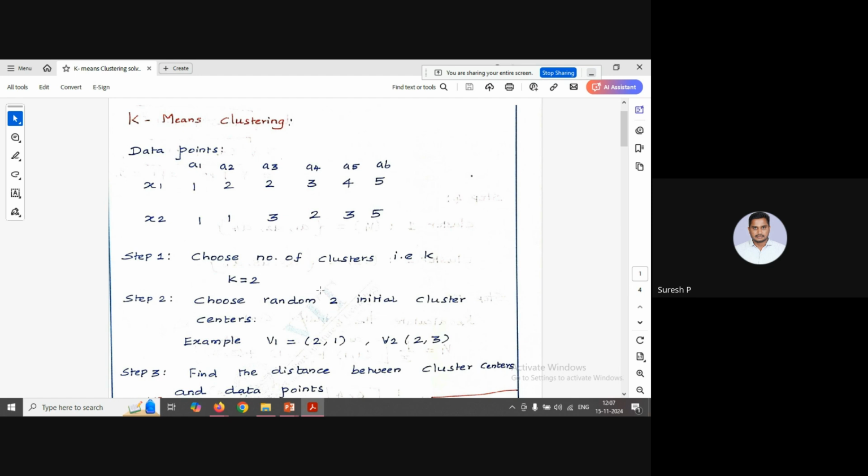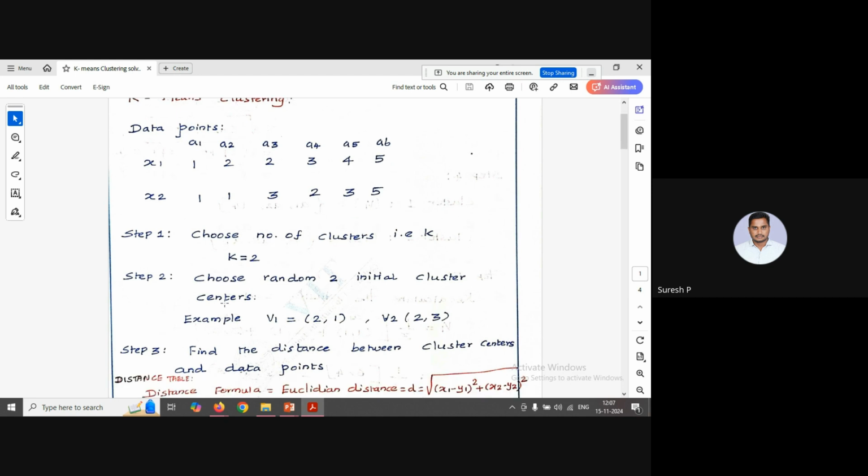After selecting the k value, we have to choose the centroid. We have to choose the center point for these 2 clusters, so we choose random initial cluster centers. For choosing the k value only, we use the elbow method. After choosing the k value, we have to select the respective center for each cluster.